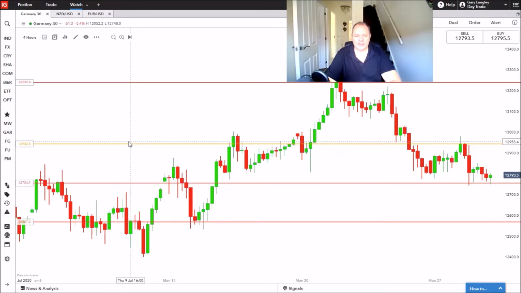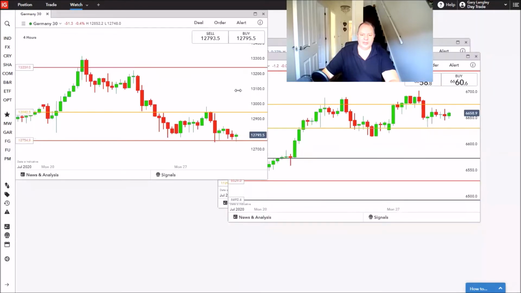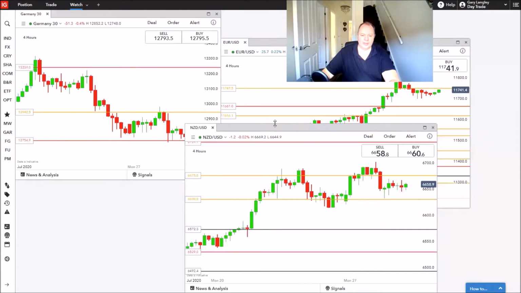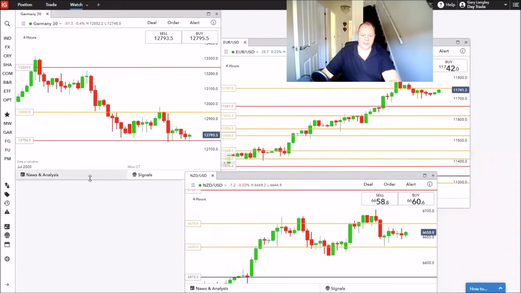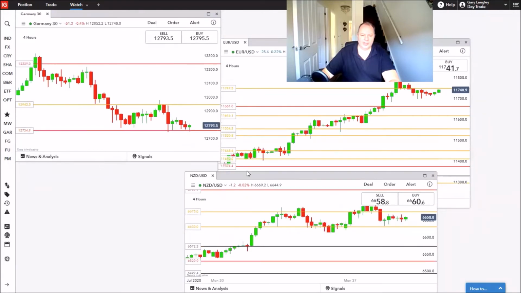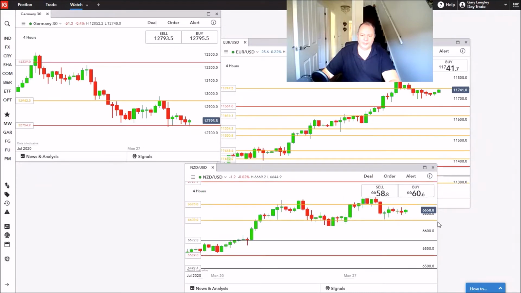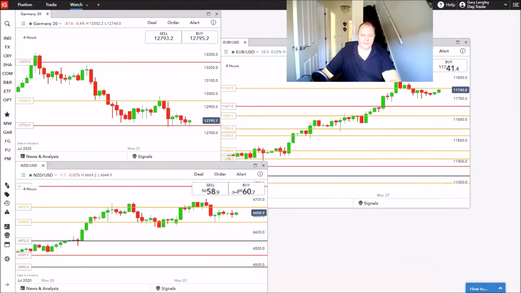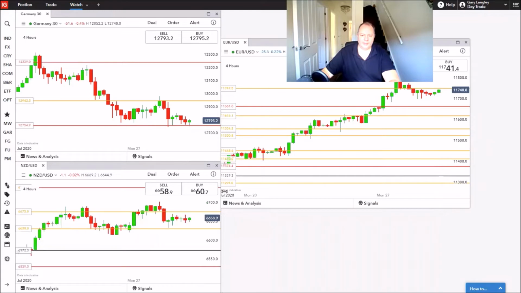So I have this set up, and what this chart will become in a moment is I will have them spaced out like so. It's a good platform, this, because you can mark your charts out. Like so.